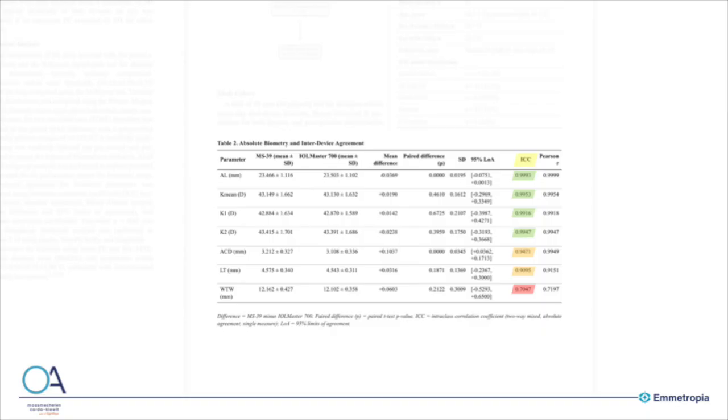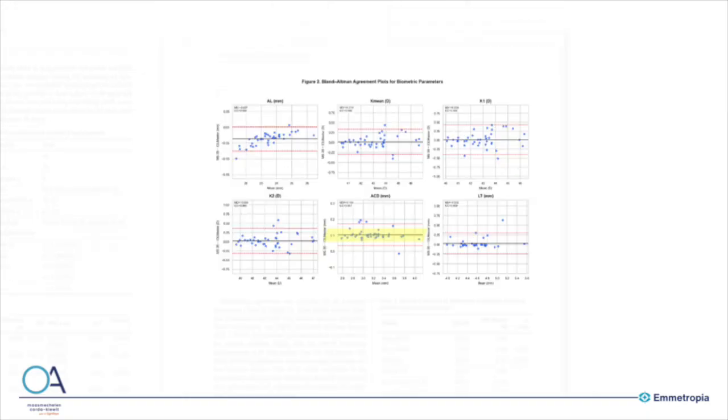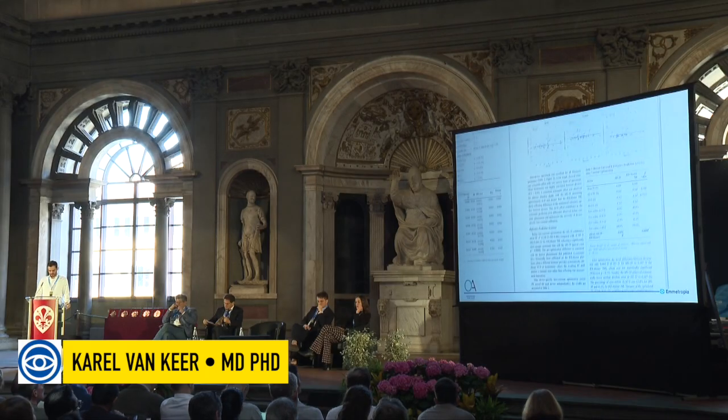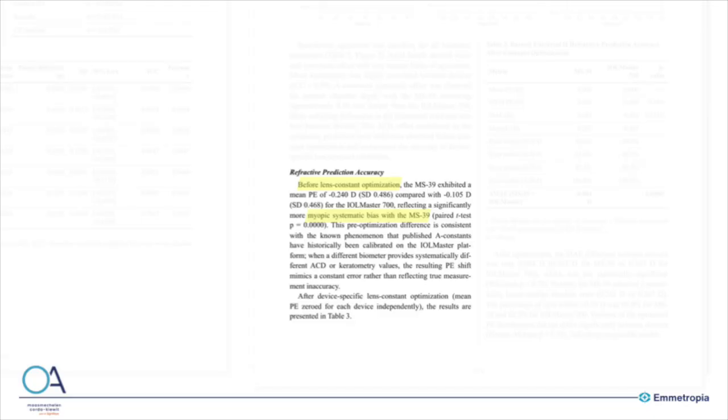So Bland-Altman plots show a very good agreement, but just this offset of the ACD of 0.1 with a deeper measurement in the MS-39. And that, of course, explains why the raw results delivered a more myopic outcome for the MS-39.